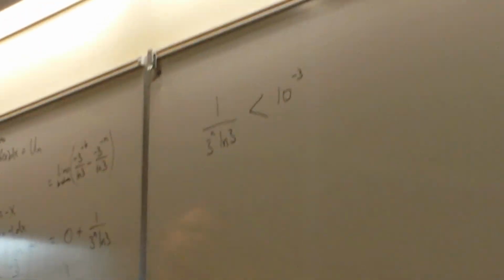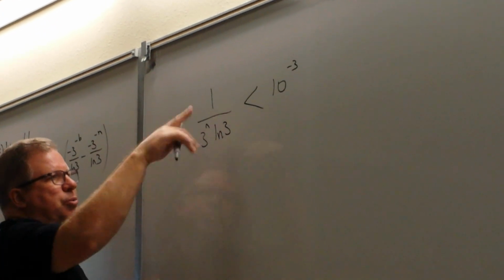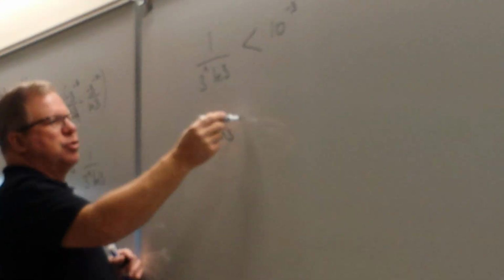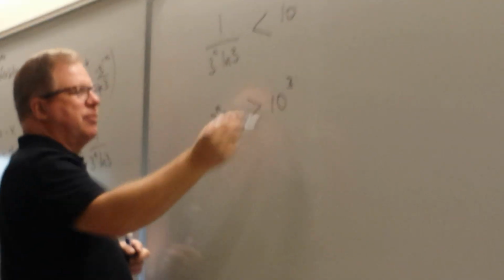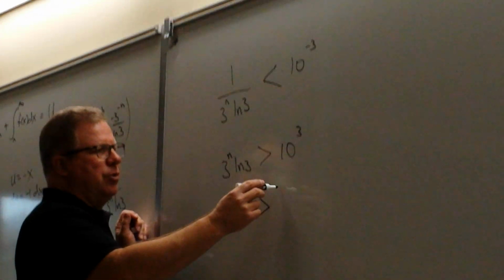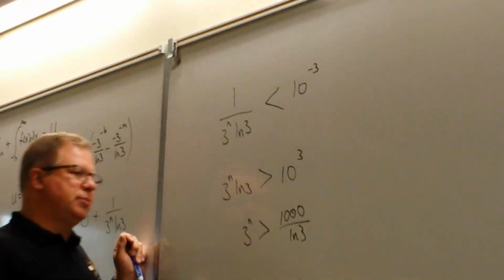So that means if we do the reciprocal of each side, 3 to the n, ln 3 should be greater than 10 to the positive third, because if you flip this, that becomes positive. Is that all right? Which is 1,000. So we got 3 to the n greater than 1,000 over ln 3.